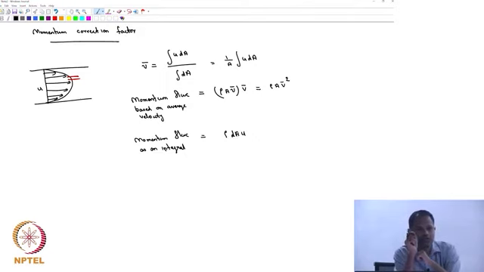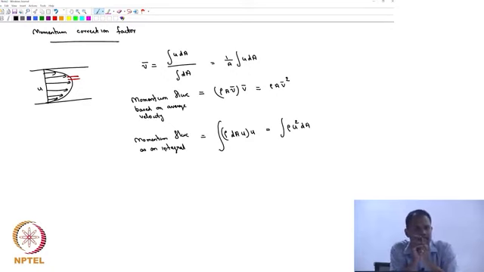So u dA is a differential volumetric flow, right? In a differential element of cross-sectional area dA, u dA is the volumetric flow rate through that section, times rho is density, times u is the velocity, giving the momentum flux, and integrated over all area it gives me the total flux, which is nothing but the integral of rho u square dA, right?